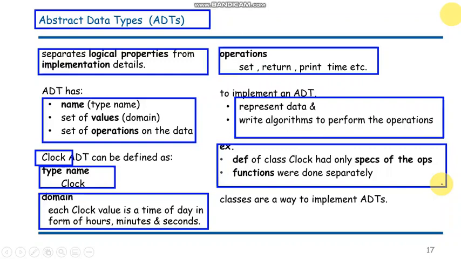So what were we using here? We were using the concept of a class. So classes are actually a way of implementing abstract data types. C++ classes are actually built to handle abstract data types.